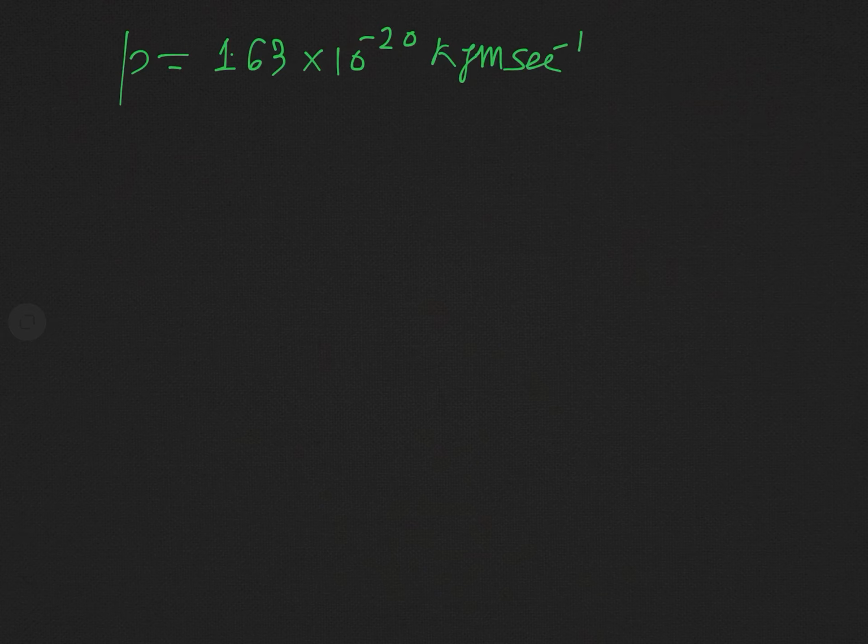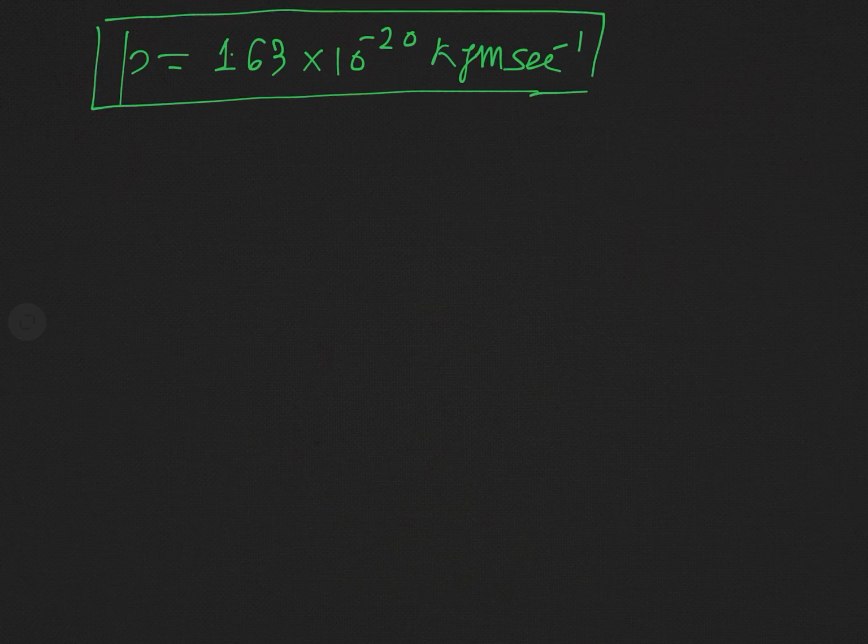When you simplify this result, you will get that the momentum of the neutron in the CM system is equal to 1.63 into 10 to the power minus 20 kg meter second inverse. This is the value of the momentum of the neutron having energy of 1 mega electron volt in the L system or lab system.